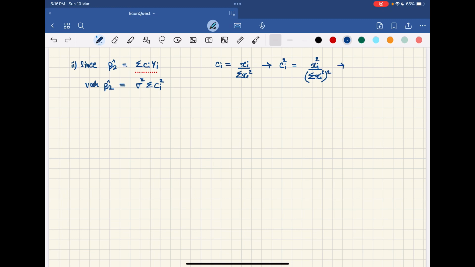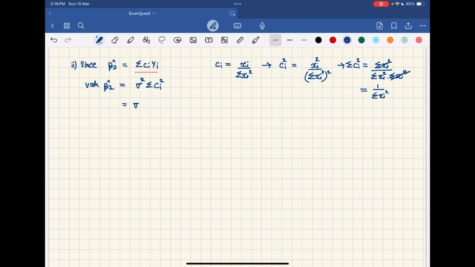If we now do the summation of this term, we will get something like this, right. It means the value of your sigma ci square is 1 divided by summation of xi square.